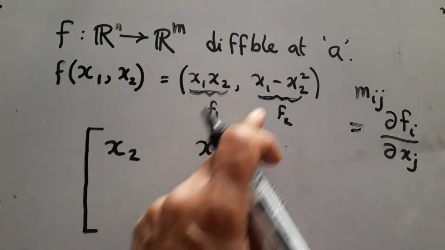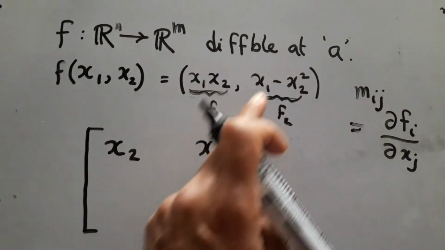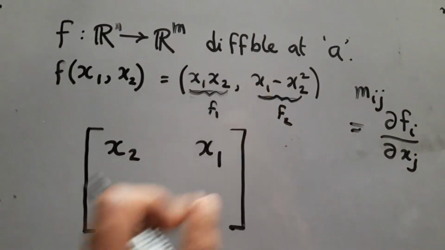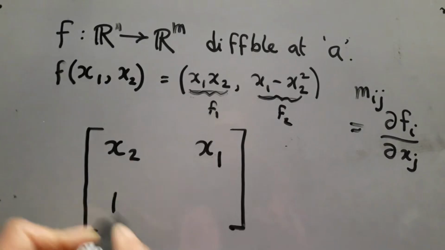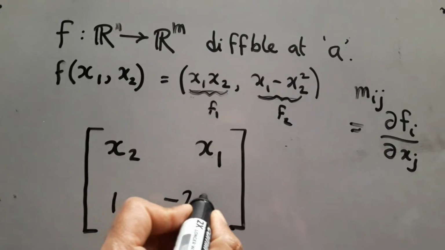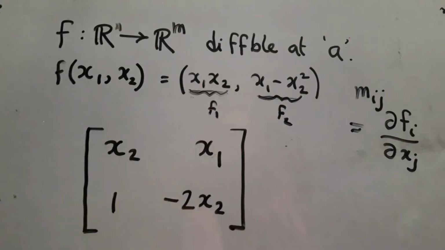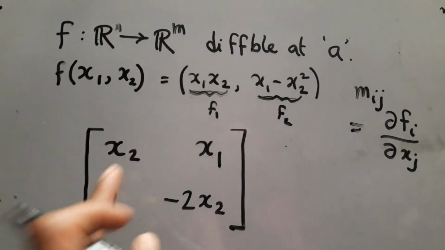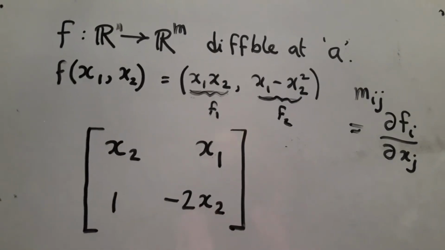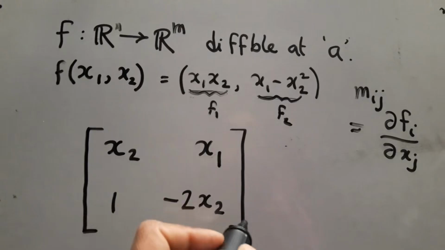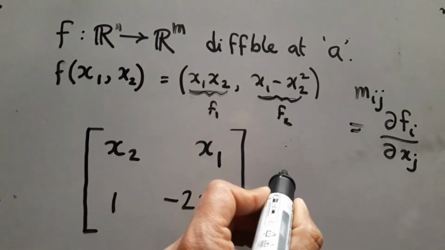For this row, you have to work with this component. Differentiate it partially with respect to x1, you will get 1. And differentiate it partially with respect to x2, you get minus twice x2. And that will be the derivative matrix at that point, x1 comma x2. Now this is what is called the Jacobian matrix.